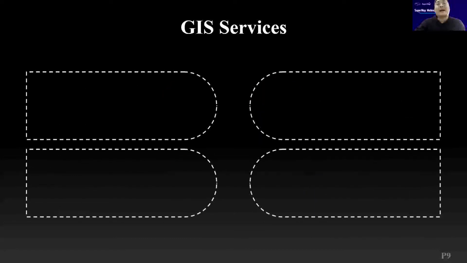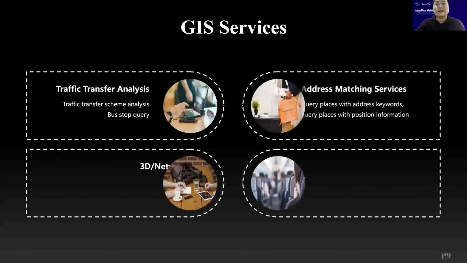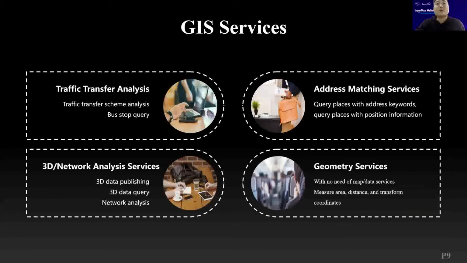Okay, and another four service types supported by the server. The first one is traffic transfer analysis. This traffic transfer analysis is different from the network analysis. The network analysis functions are such as the best path analysis, which is based on a simple network.